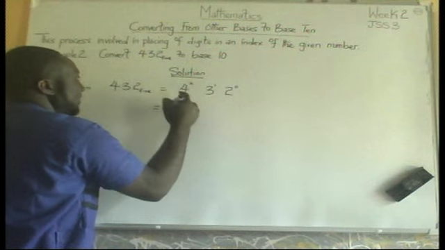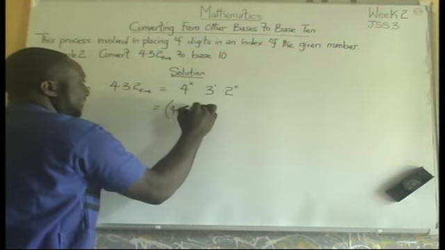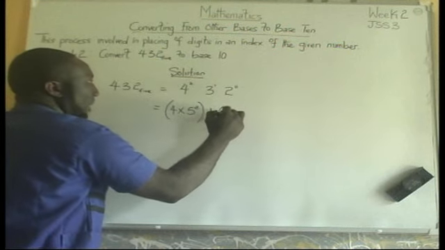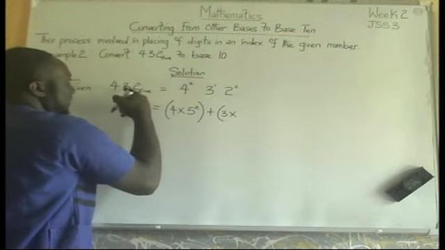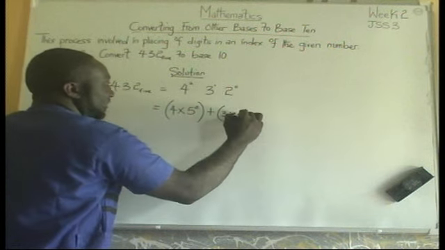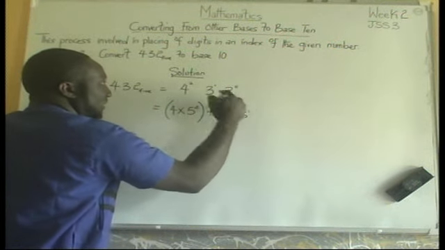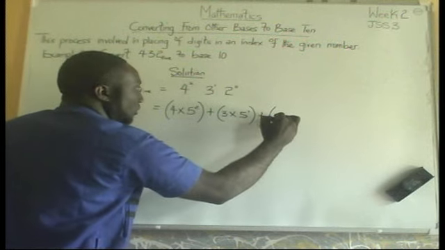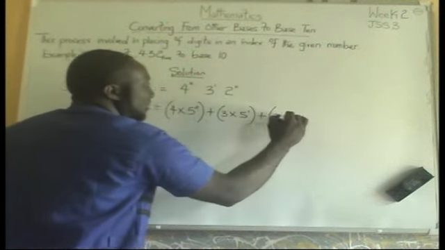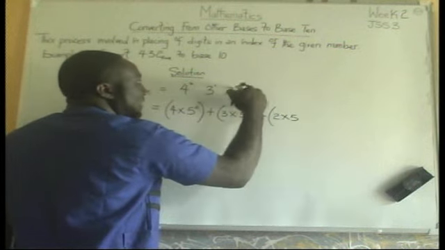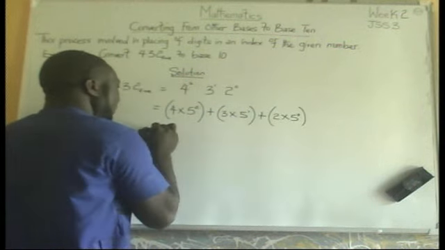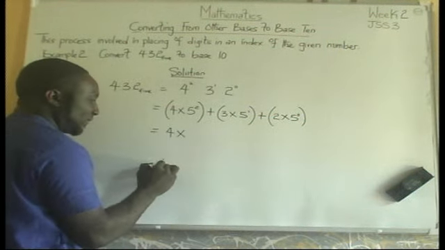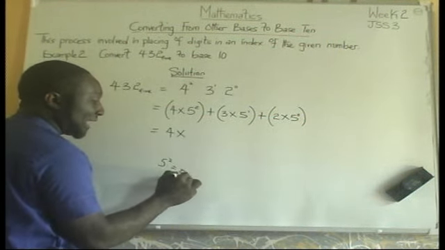4 times 5 power 2, this part, plus the next one is 3 times base 5 power 1, this part, don't forget, plus 2 times base 5 power 0. So now let's check it. 4 times 5 power 2 means 5 times 5.